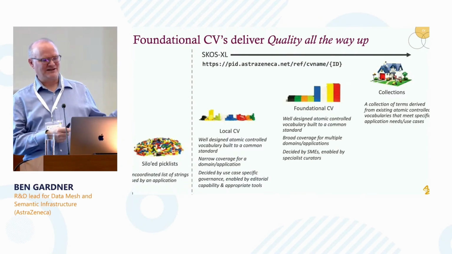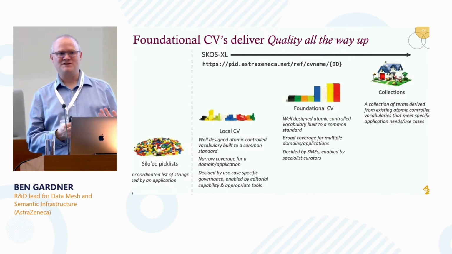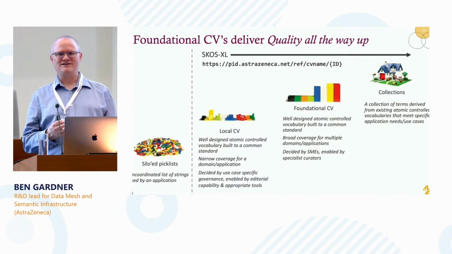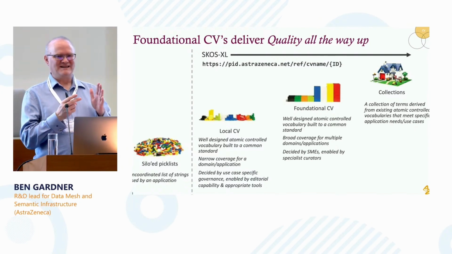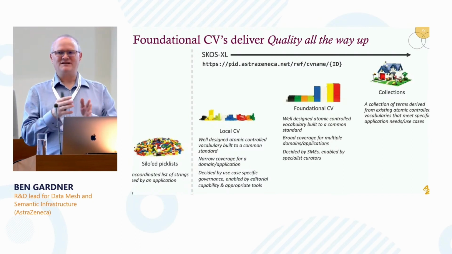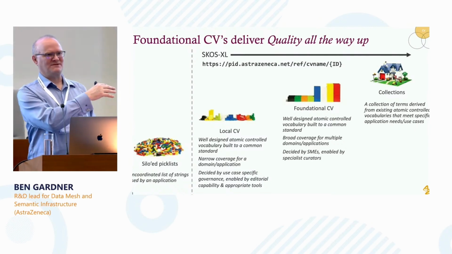And the first level of that is what we refer to as local. There has been semantic drift around these terms since I produced this slide internally, but essentially a local CV was a CV that is atomic, designed against our framework, but is for a very narrow use case. So it might be for just a group that wanted 2 or 3 terms in there.